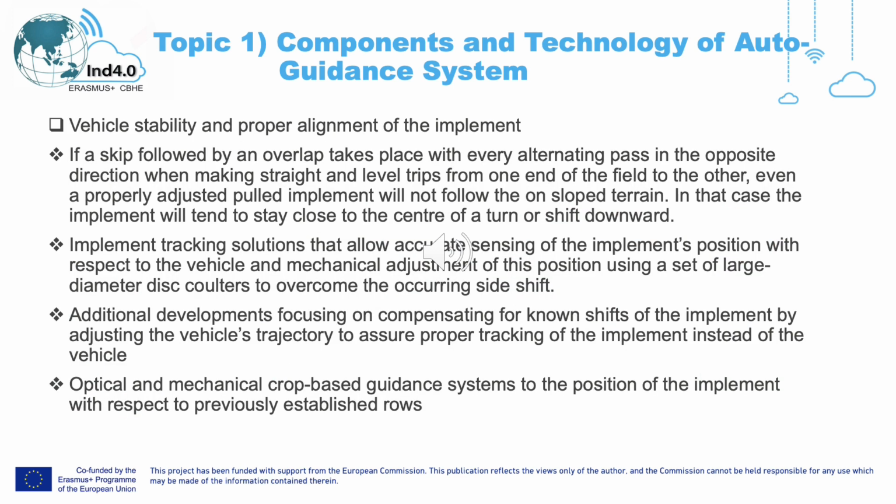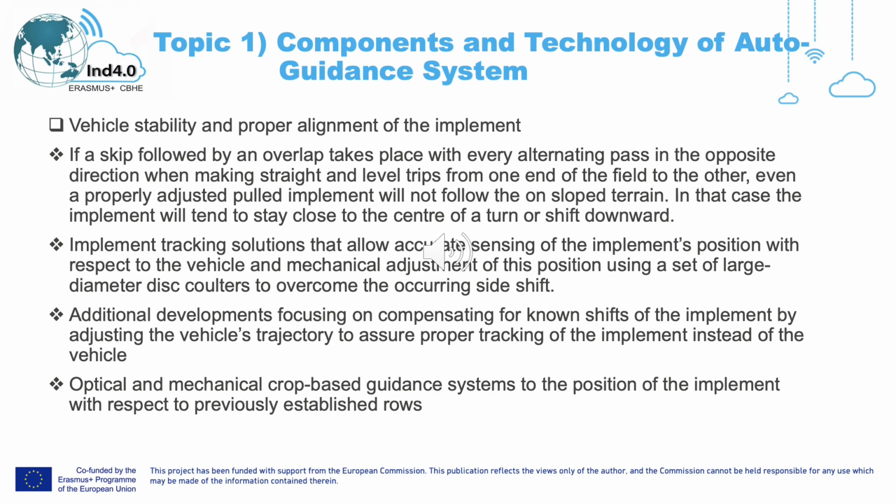Vehicle stability and proper alignment of the implement attached to the vehicle are also important when implementing auto guidance. If a skip followed by an overlap takes place with every alternating path in the opposite direction when making straight and level trips from one end of the field to the other, a properly adjusted pull implement will not follow the sloped terrain.